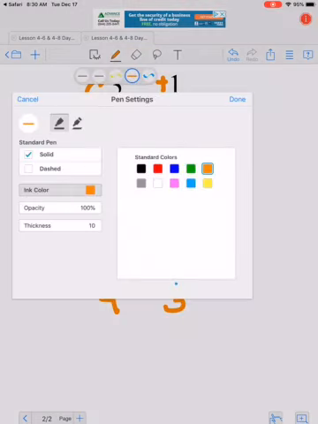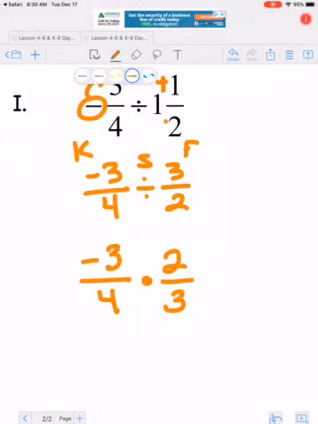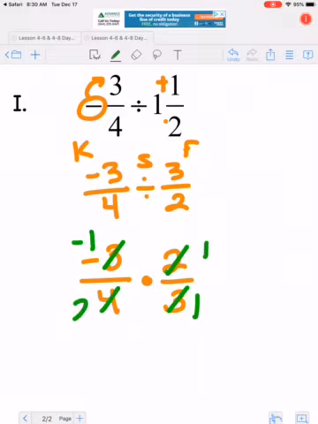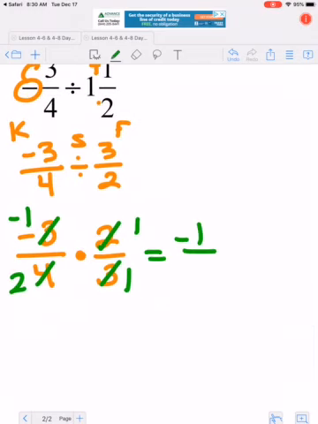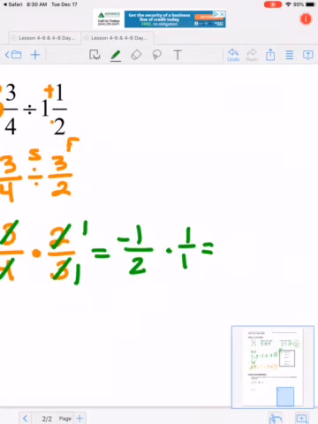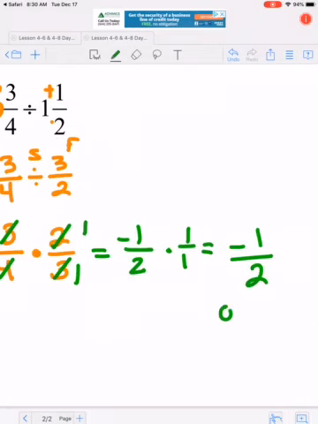From here I'm going to cross simplify, so I'm going to divide my 3's by 3, so I get 1, and this is going to be a negative 1. Then I'm going to cross off that and make it a 1, and this a 2 because I divided by 2's. So I'm going to have negative 1 over 2 times 1 over 1, which in the end I'm going to get negative 1 over 2, or you could rewrite it as negative 1/2.